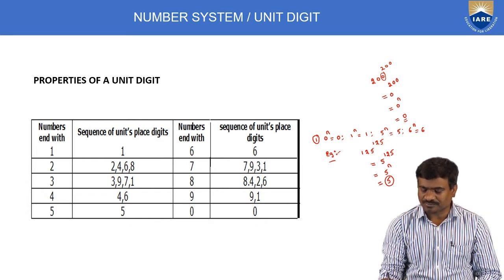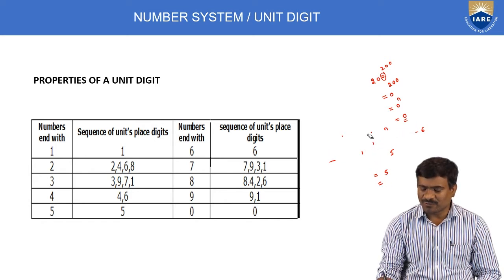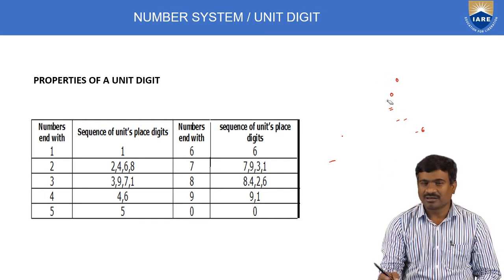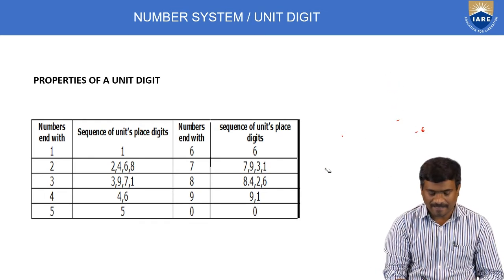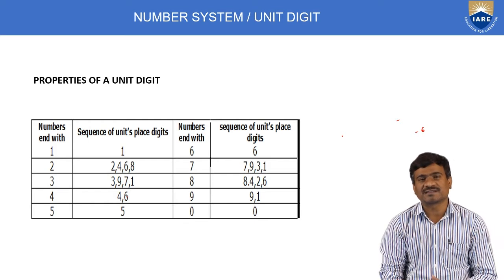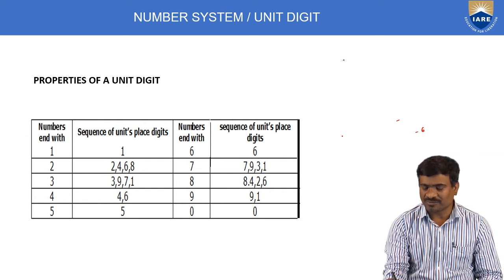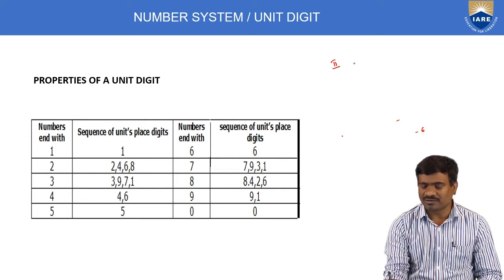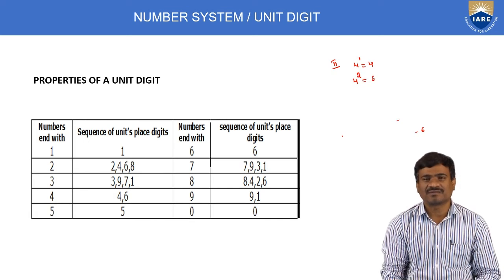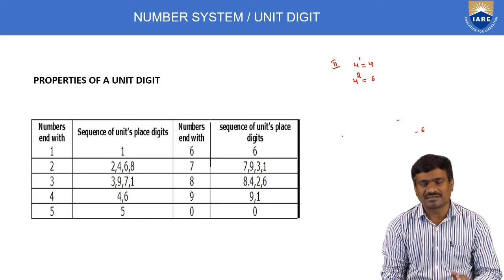Similarly, case 2: 4 and 9. Check the property of 4. Here 4 gives 4, 6, 4, 6, cyclically repeated. Example: 4 to the power of 1 is 4. 4 to the power of 2 is 16; consider the unit digit 6, the tens digit and hundreds digit are not considered here.